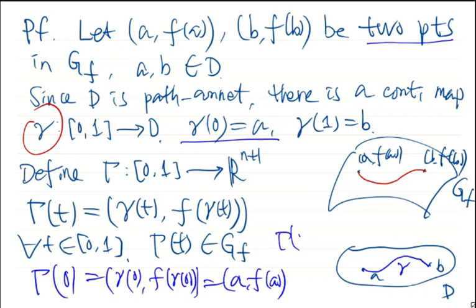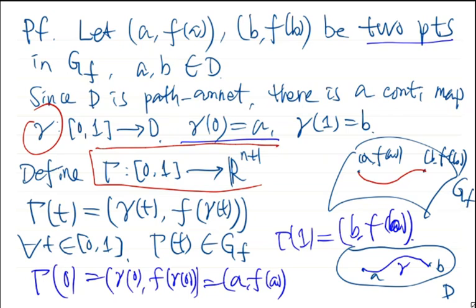Similarly, Gamma(1) is another point, (b, f(b)). So given any two points in the graph, this capital Gamma is a path in the graph joining these two points. So by definition, the graph is pathwise connected. So this proves this example.